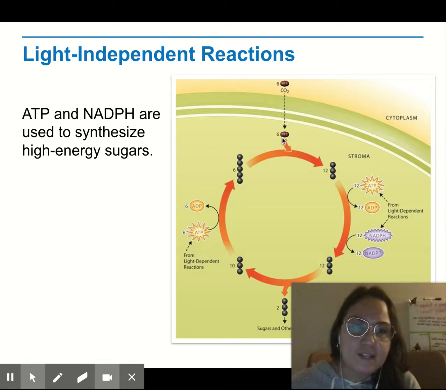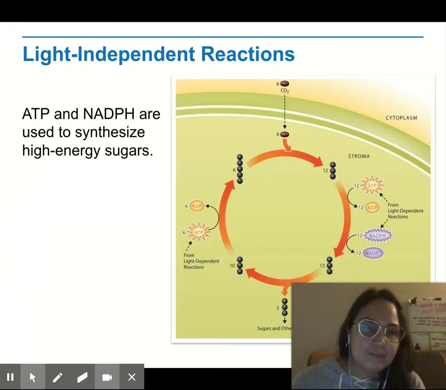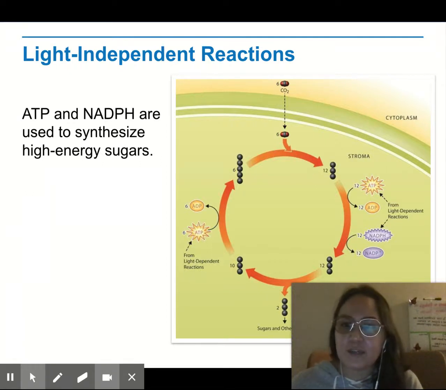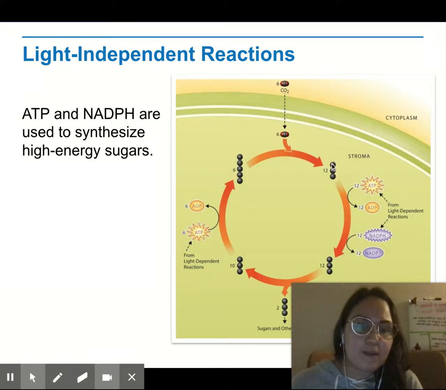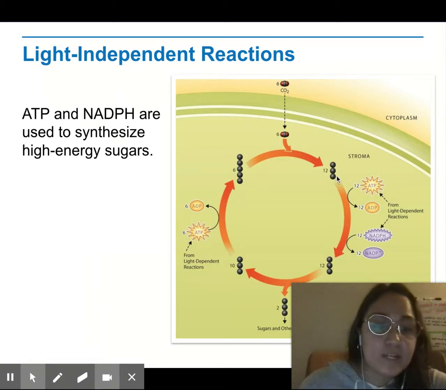We have some carbon dioxide. It enters into the Calvin cycle, and it combines with some other molecules there in order to form 12 of these 3 carbon molecules. So there's 3 carbons in them because there's 3 little black dots.